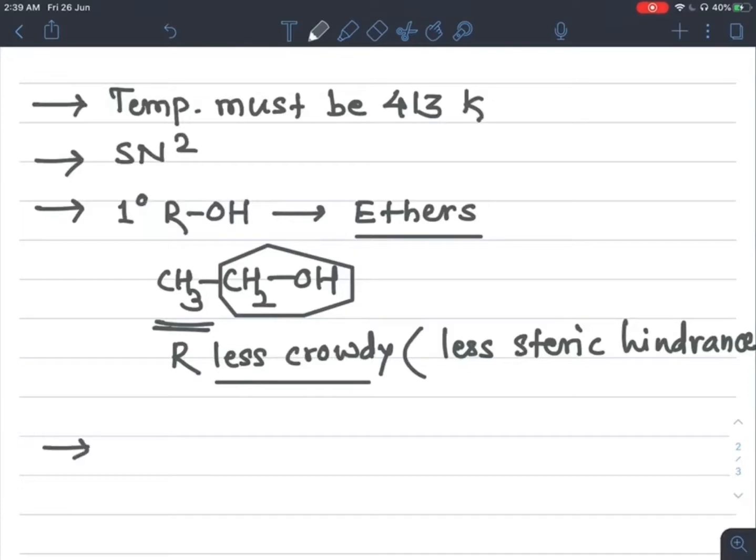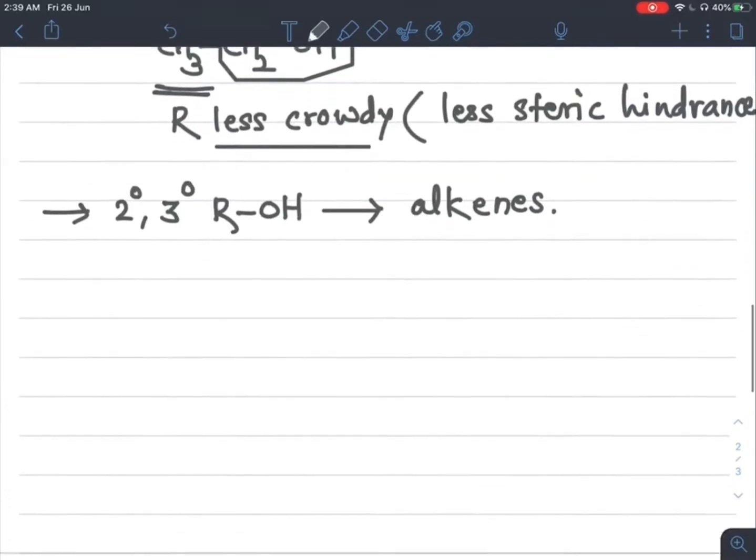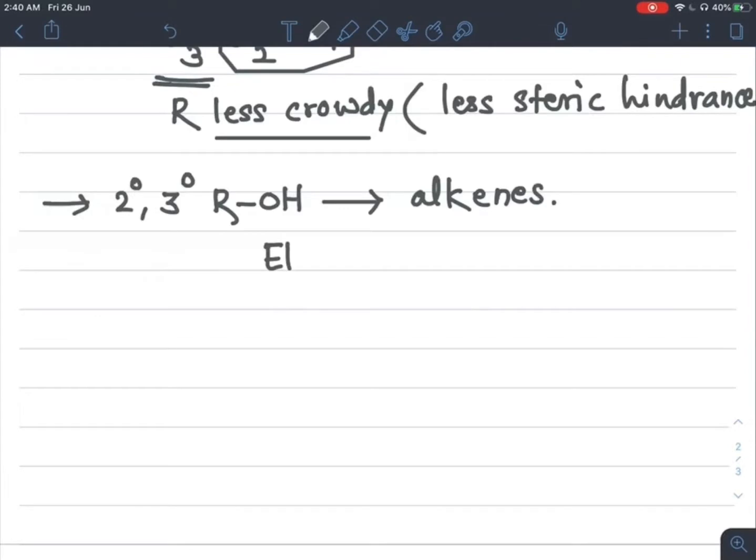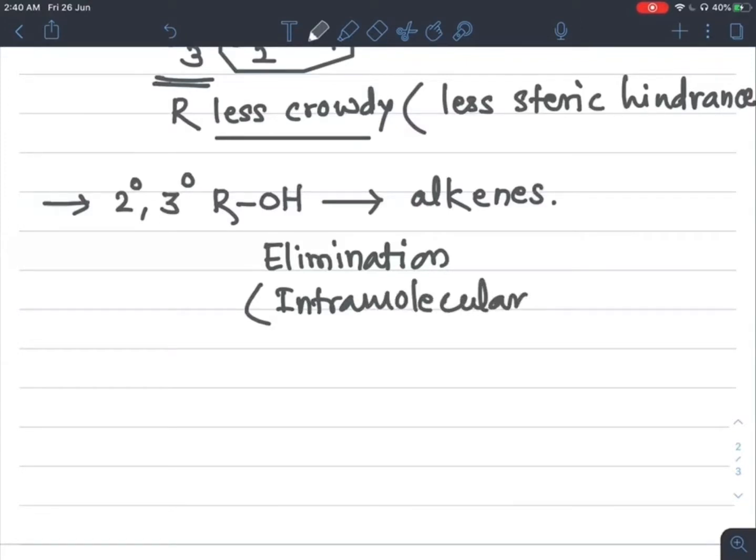If instead of primary, secondary or tertiary alcohols are used in this method, then they are converted into their corresponding alkenes. Ethers are not prepared by using secondary and tertiary alcohols because they undergo only elimination reaction, that is intramolecular dehydration from one molecule, due to high steric hindrance.